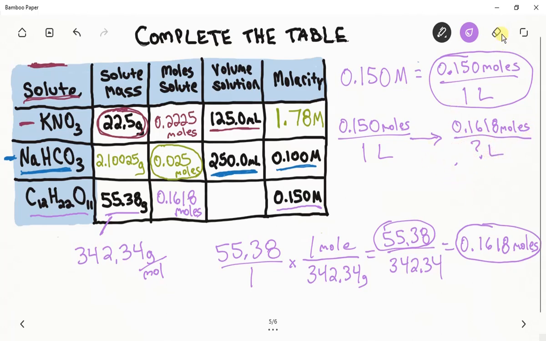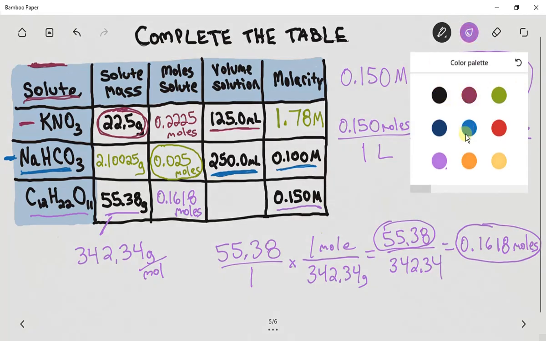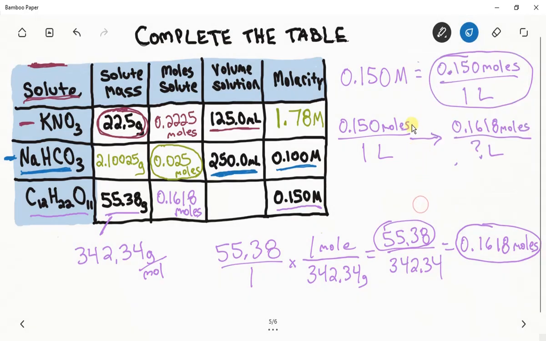So in order to do that, we need to find the divisor between 0.150 moles and 0.1618 moles. So 0.150 moles divided by 0.1618 moles equals 0.9271.